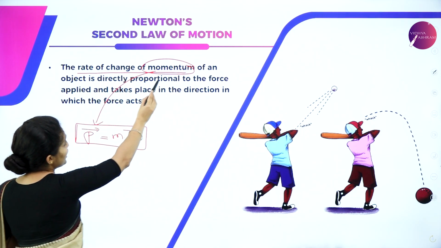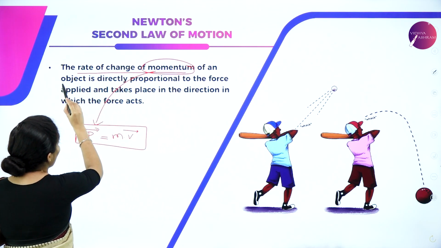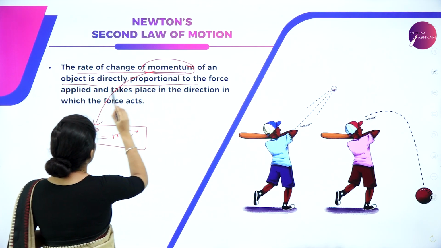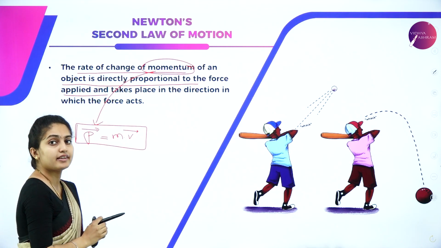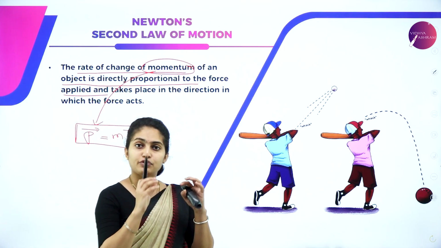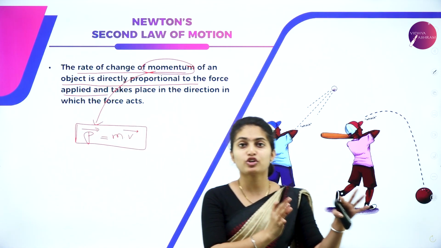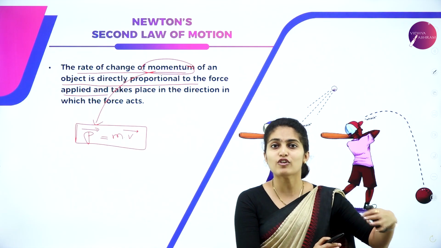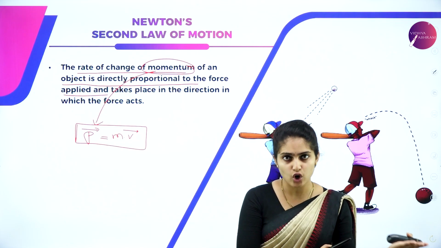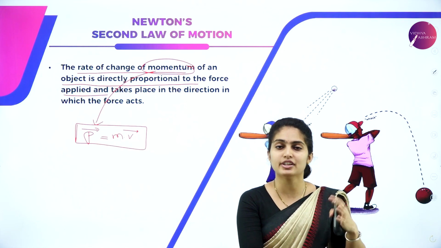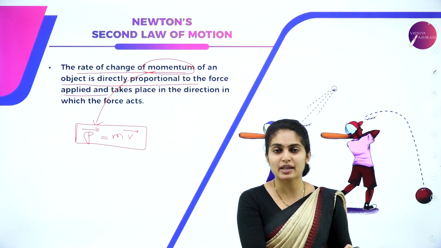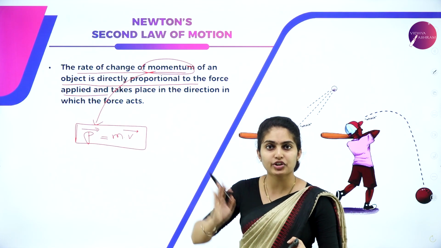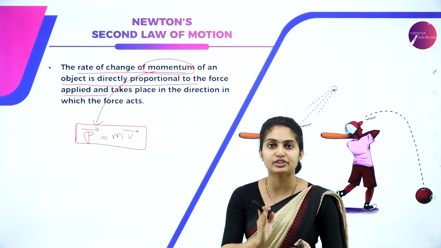The rate of change of momentum of an object is directly proportional to the force applied. That means however much force you apply, that much momentum is seen. Momentum is the way of imparting velocity to an object with a certain mass, so momentum is equal to mass into velocity.